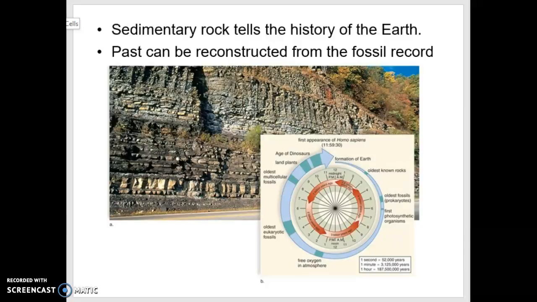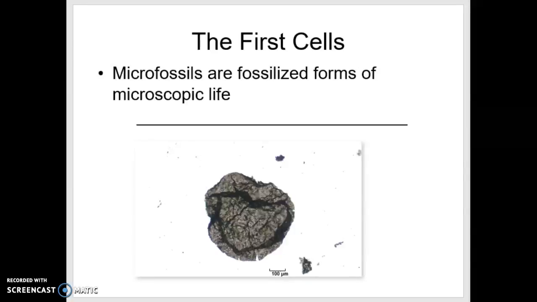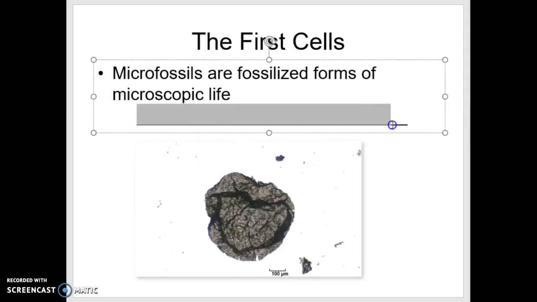What we do know is the earliest, the first cells that we have evidence of today. This could change in the near future, but the first cells that we have any evidence of are these little things called microfossils. These are basically fossilized forms of microscopic life.